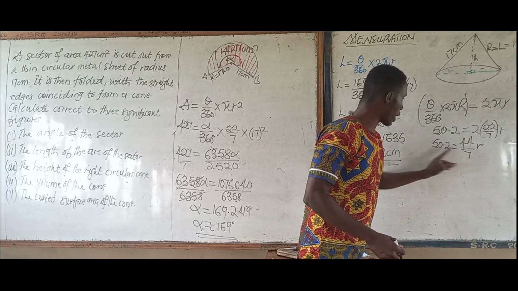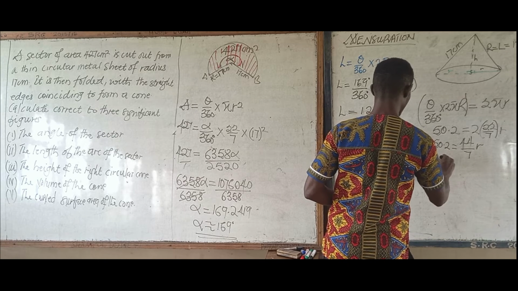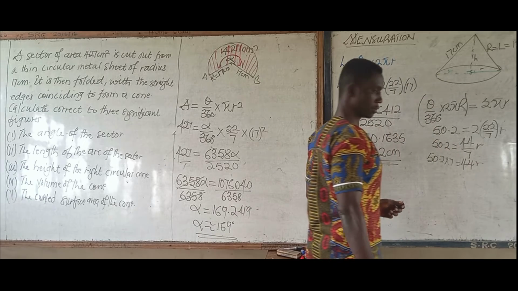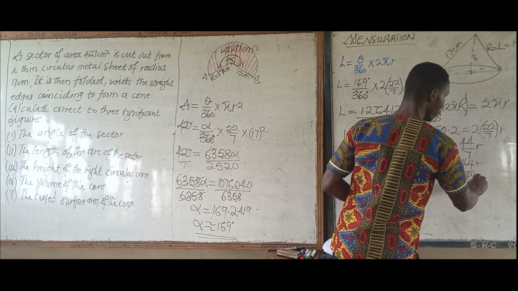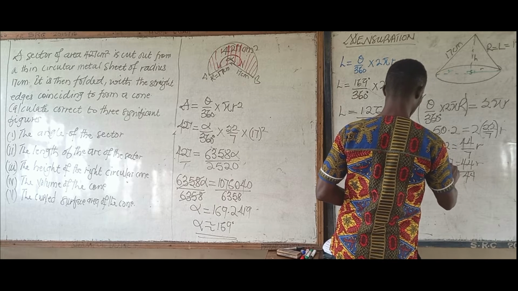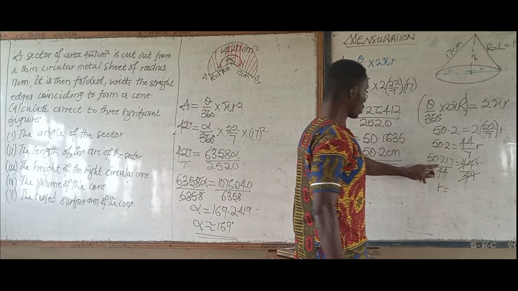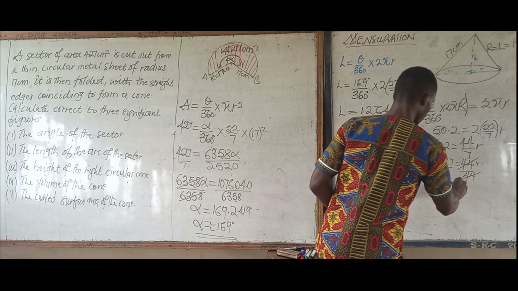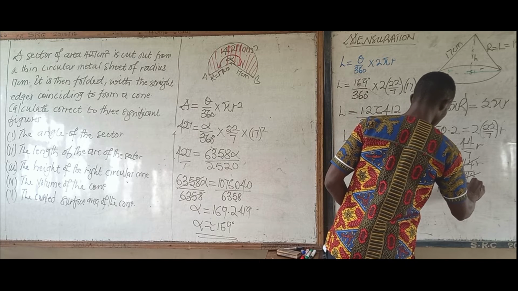If I multiply everywhere by 7, this will be 50.2 times 7 is equal to 44r. Then I divide both sides by 44. So r will be equal to 50.2 times 7 divided by 44, which gives 7.986.